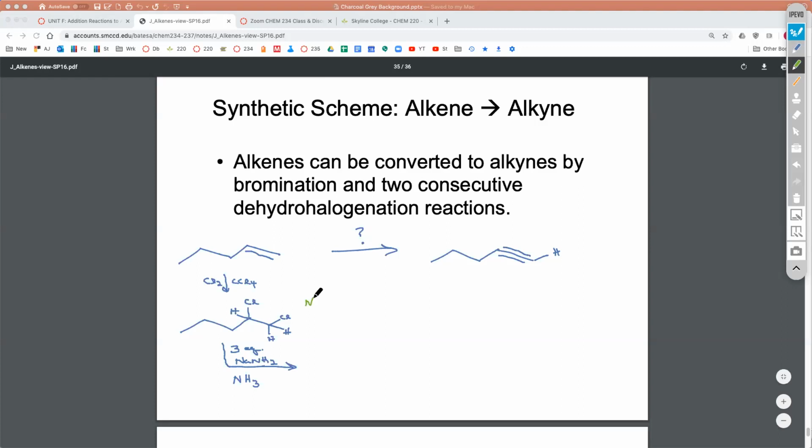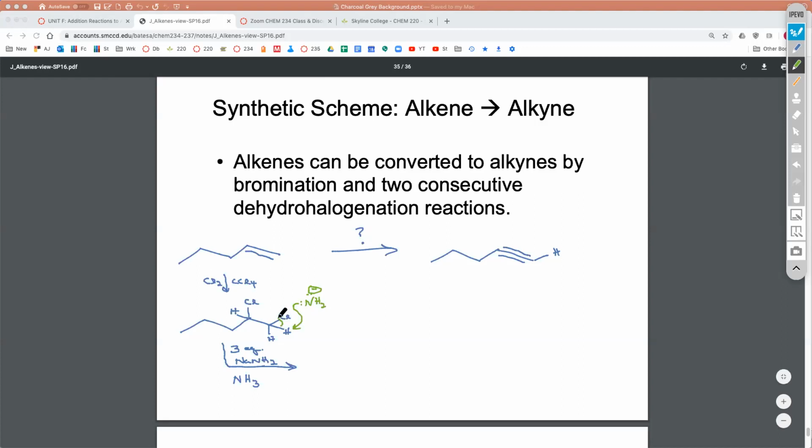Now, which it removes first can vary. It's probably not that critical which one you remove first. I'm going to go ahead and remove one of the hydrogens on the end here first.